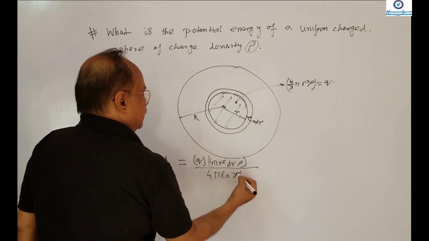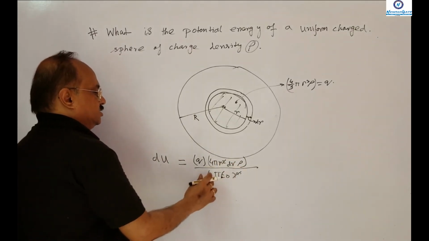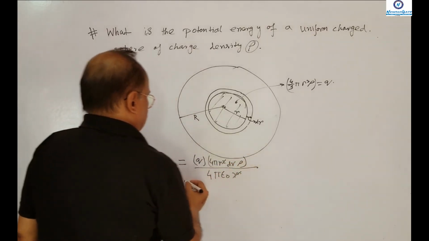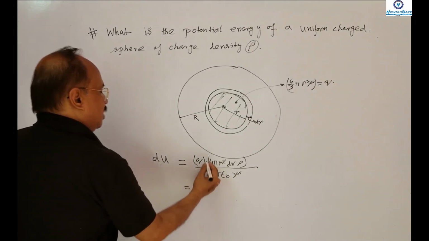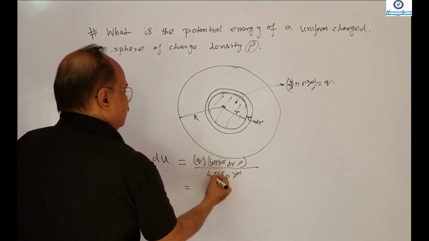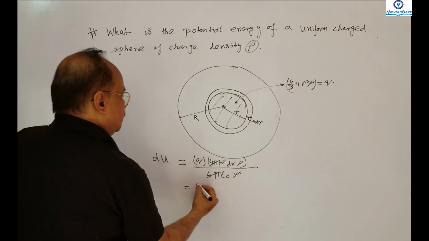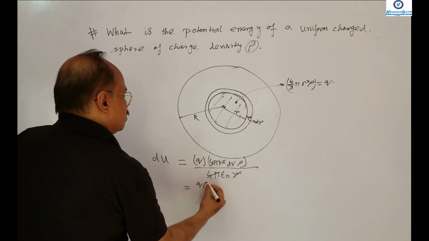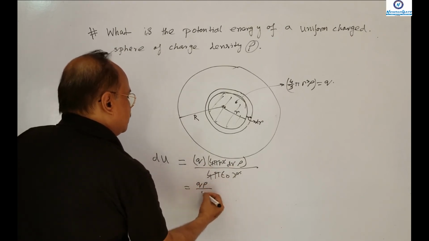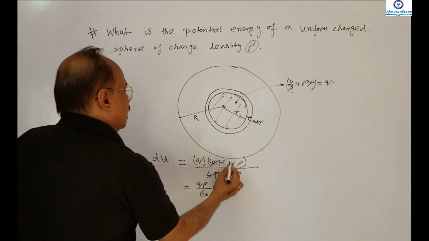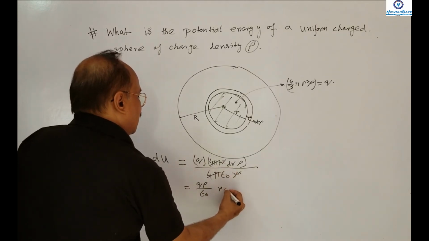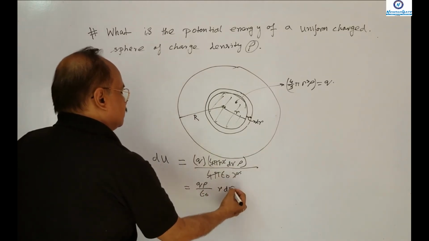So this and this get cancelled out, 4 pi gets cancelled, and it will be q rho divided by epsilon naught, times r dr.